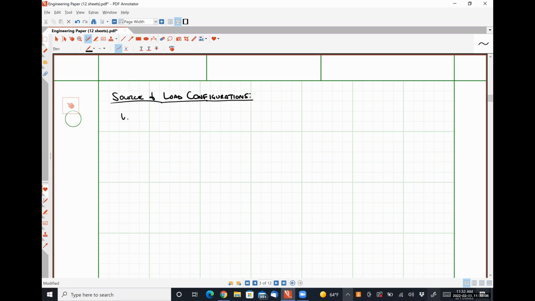So the first thing that we're going to talk about is the Y connected source. You may see it written out as WYE or literally just capital letter Y. Okay. So for a Y connected source, it's going to look something like this.